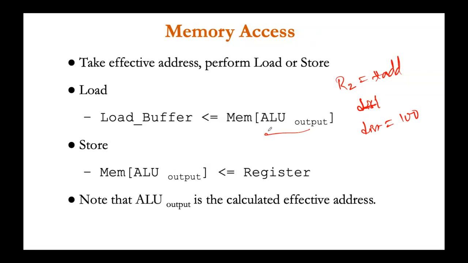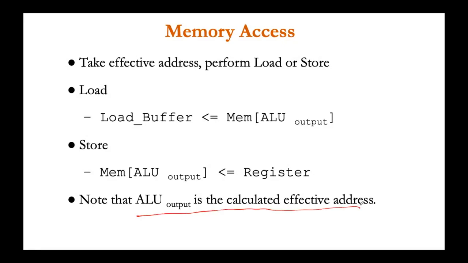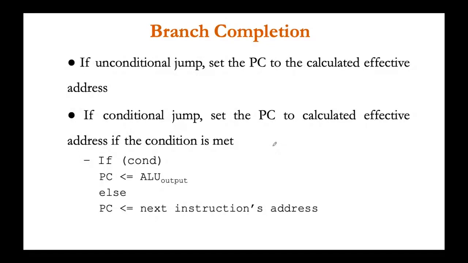That will be calculated, and the ALU result gives the memory location, R2 plus 100. Then the value will be stored in a temporary buffer register. So that is the load operation. Memory access means load or store operations will be performed. Note the ALU output is the calculated effective address, which we observed in the previous slide.